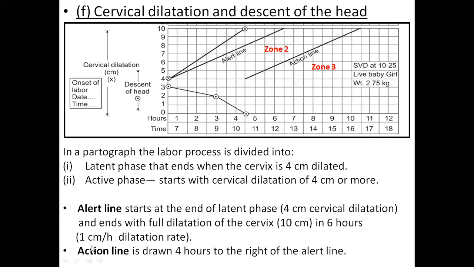If the cervical dilatation rate is 1 centimeter per hour, which is normal in the primigravida. And the action line is drawn 4 hours to the right of the alert line. This is the 4-hour duration and it starts from here and it goes like this.